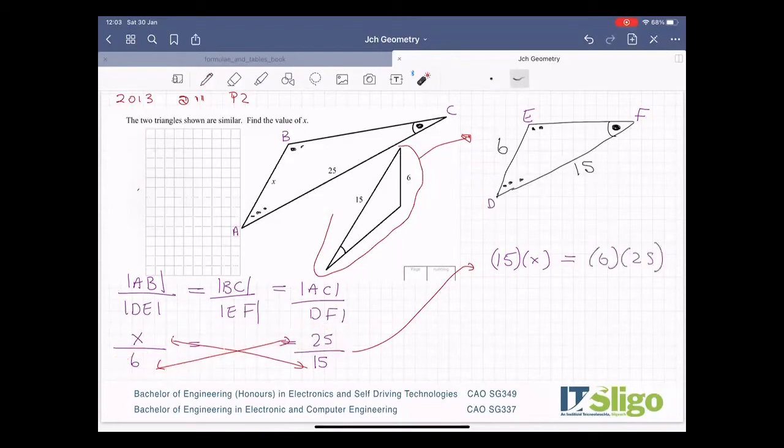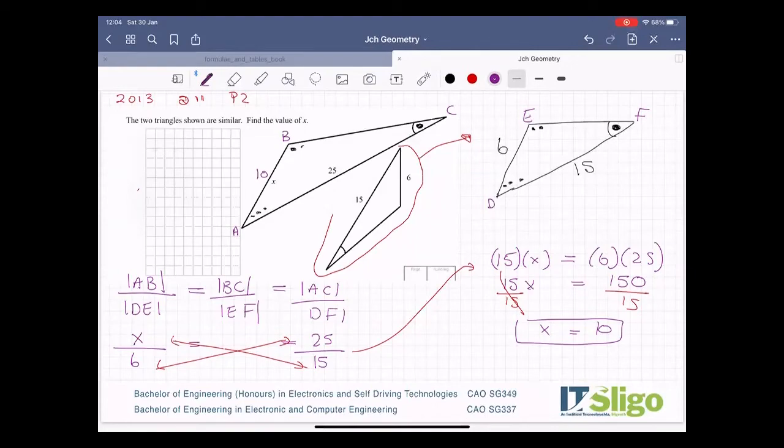It's a lovely thing to do because, as you can see, it's got rid of all the fractions for me. Like any other algebra, divide by the number in front of the letter and solve for x. So I am finding that x is equal to 10. Okay, so that's how you do it.